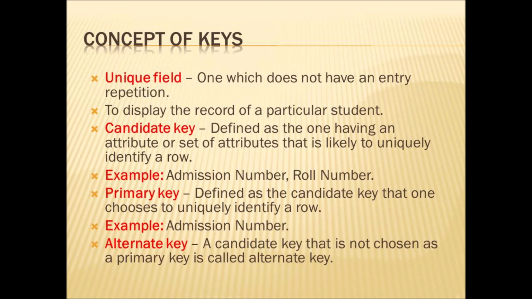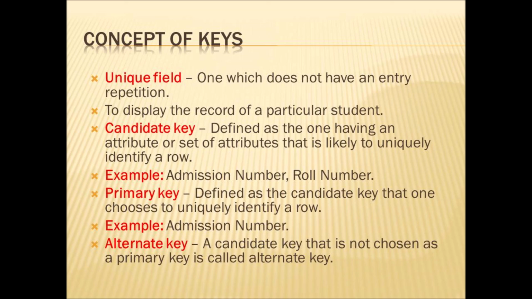Unique field is nothing but the one which does not have an entry repetition. Now we will see how to set the unique field. Let us take the fields last name and first name. They cannot be classified as unique field because large number of students can have same name, date of birth, tuition fees amount.